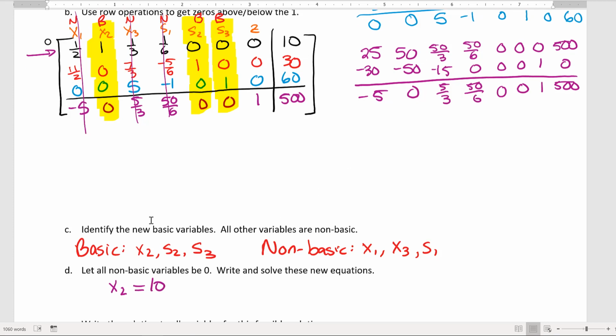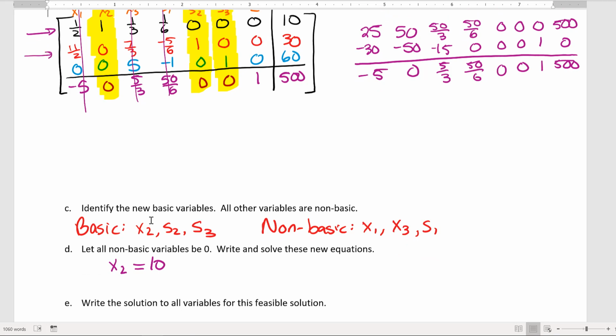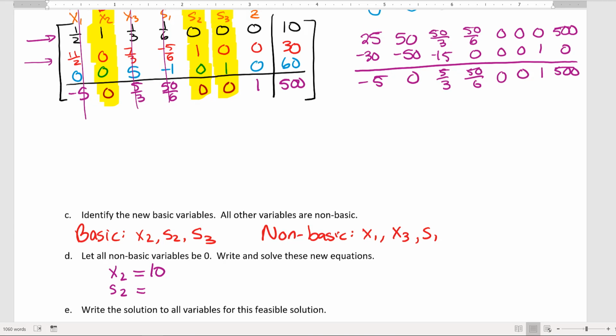Let's read the next one. The next equation says I have no x2s plus 1 s2 plus no s3s plus no z's equals 30. The next equation says I have no x2s plus no s2s plus 1 s3 plus no z's equals 60.